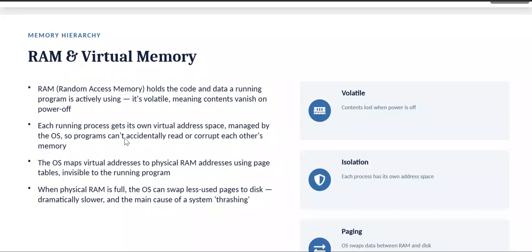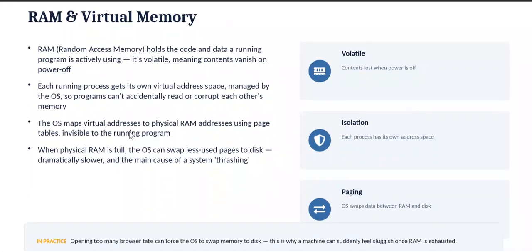The OS maps virtual addresses to physical RAM addresses using page tables, invisible to the running program. When physical RAM is full, the operating system can swap less-used pages to disk.